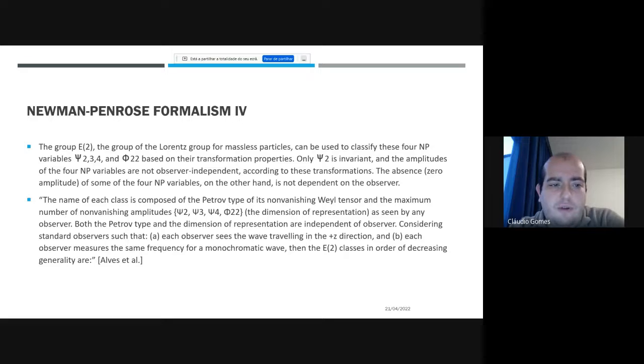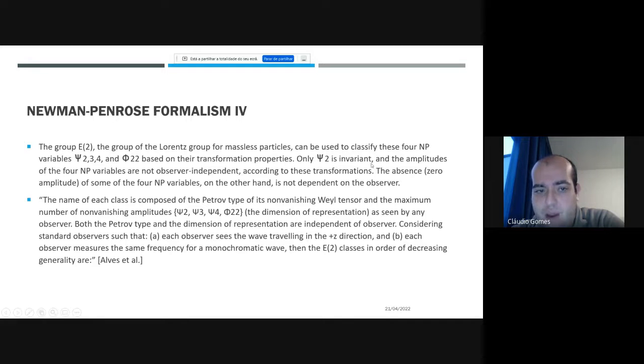Okay, so this is highly motivated from group theory, in particular the so-called E(2) group, which is the group of Lorentz transformations for massless particles, and can be used to classify these 4 NP variables based on their transformation properties.